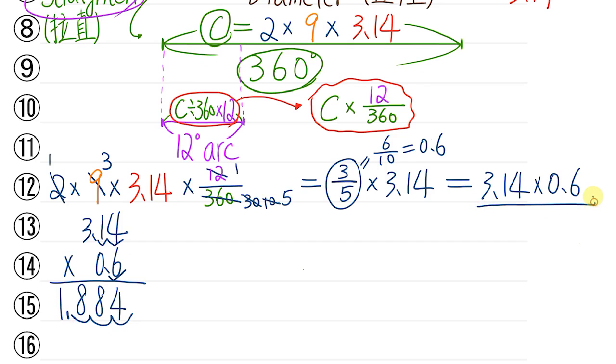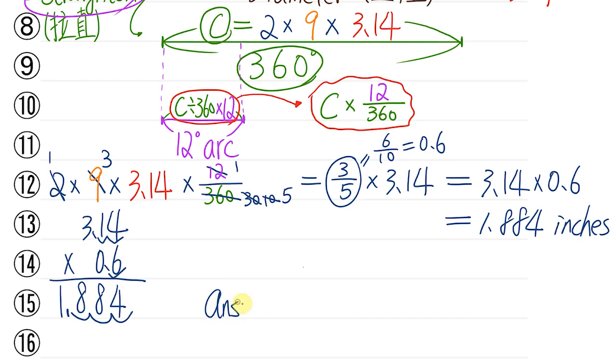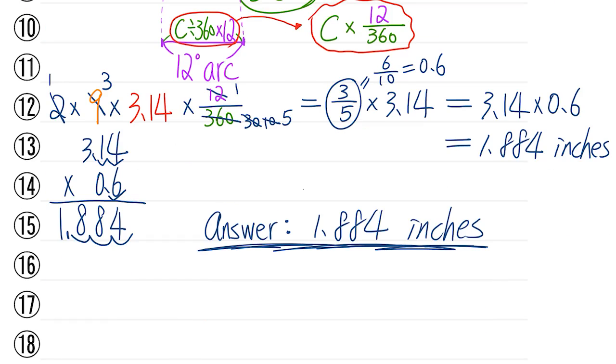So the answer to this multiplication is 1.884 inches. The units are inches because the radius of the circle is given in inches. Therefore, the answer to this question is 1.884 inches.